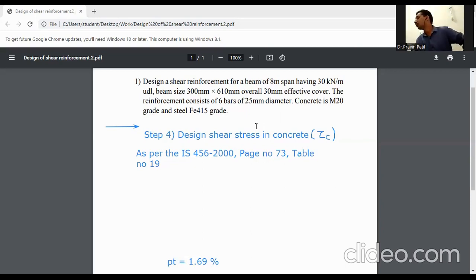Our value 1.69 will lie between 1.50 and 1.75. So for 1.50 it will be 0.72, and for 1.75 this value will be 0.75.